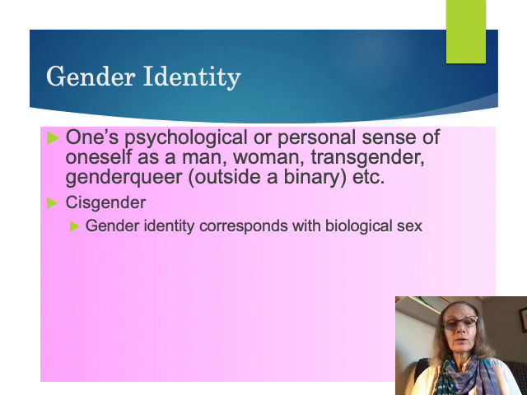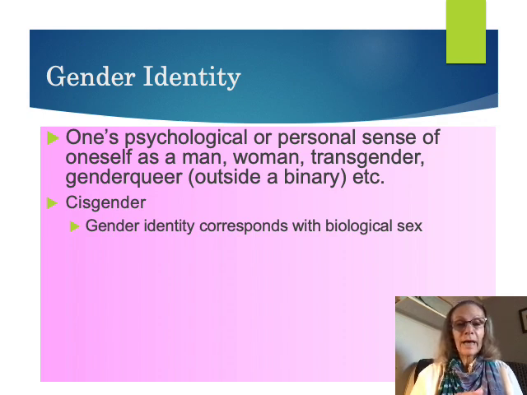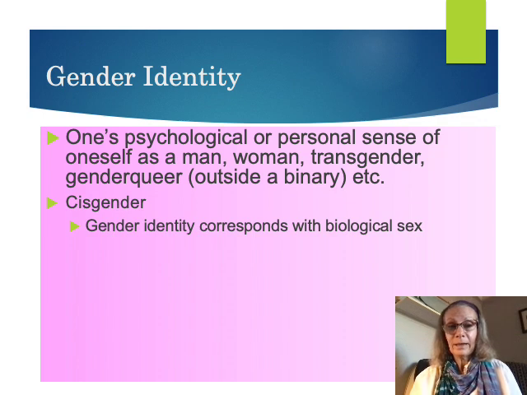Your biological sex would correspond with your gender identity. And the term cis here is Latin for on the side of. So it's sort of like the biological sex is on the same side as one's gender identity, one's sense of yourself.